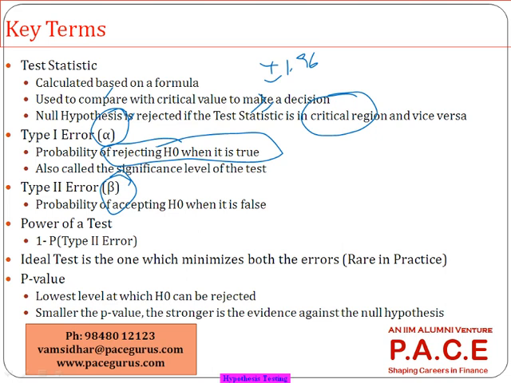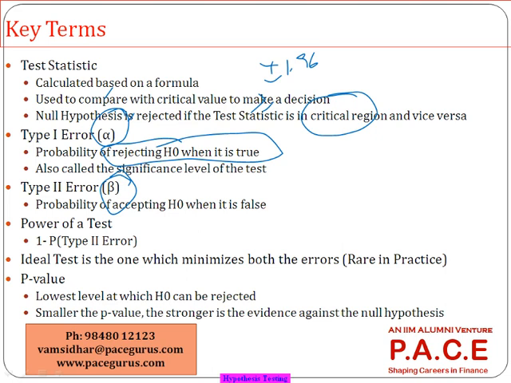And from that same world of judgment, the power of a test, the power of a judgment, is 1 minus the probability of a type 2 error. That is, to what extent a person is punished the moment he is found guilty. What is the chance that the moment he is found guilty, he is immediately punished and not released at all? That becomes the power of the judgment.